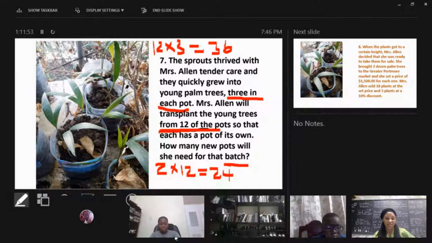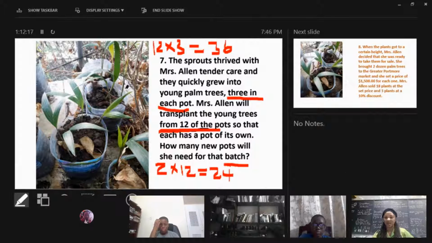So Ashley and Naya, right? Ashley says the 12 pots she already has gives me 24 new pots needed. She multiplied 12 by 3 originally and she got 36. But then she remembered. All right, so Naya is saying the first pronunciation.